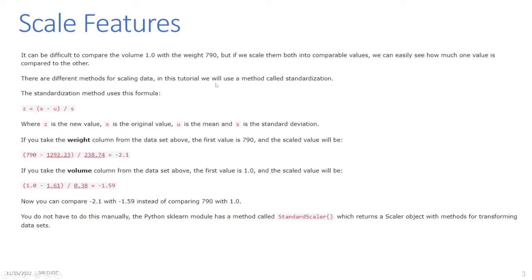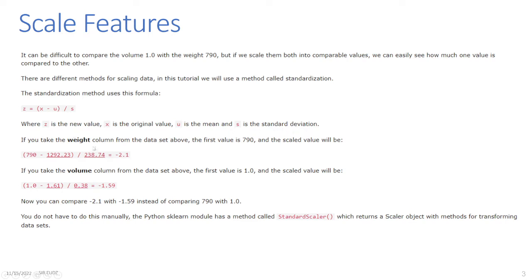In this tutorial, we'll use the method called standardization, and the standardization method uses this formula: Z equals X minus U divided by S, where Z is the new value, X is the original value, U is the mean, and S is the standard deviation.